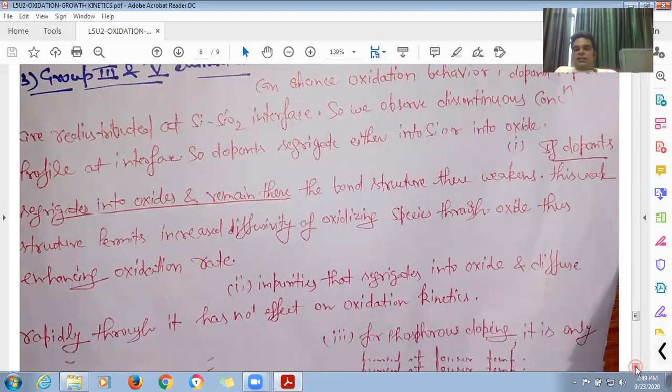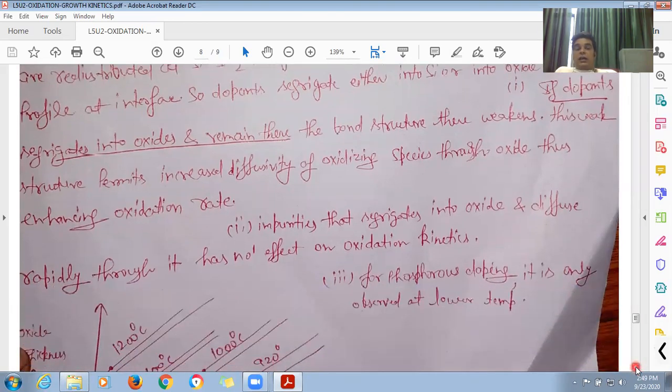Now, if the impurities segregate into the oxide but diffuse through it very rapidly, they will not have an effect on the oxidation kinetics. If the impurities remain there, then they will enhance the oxidation rate.